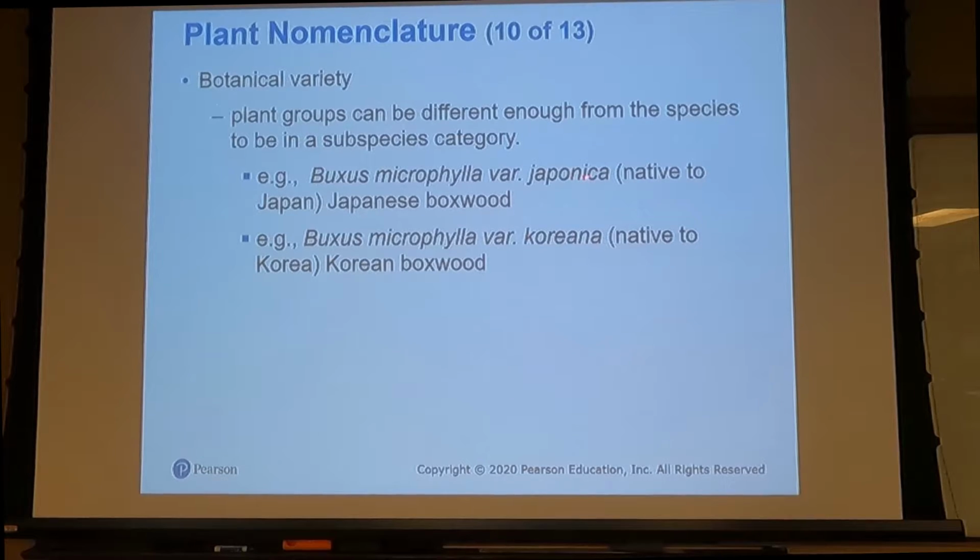We can have varieties. So here is Buxus microphylla, which means that we have small leaves, and this is native to Japan. So a Japanese boxwood or a Korean boxwood.